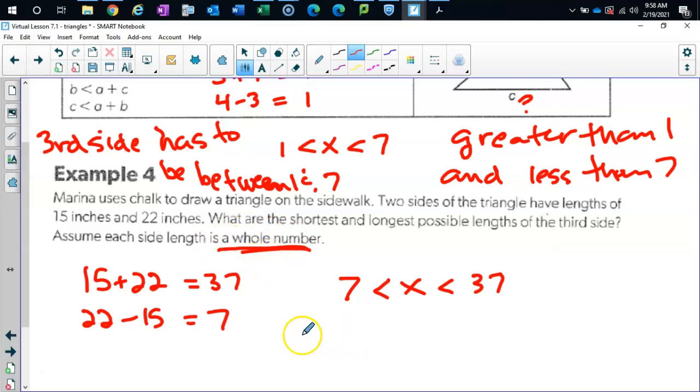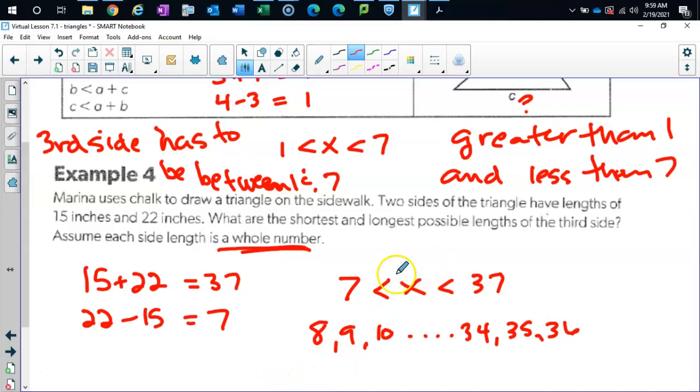So if I figured out what whole number lengths would work, 7 does not work, okay? Because it has to be greater than 7. So 8 would work, 9, 10, all the way up to 36. So 34 would work, 35 would work, 36 would work, and all whole numbers in between.